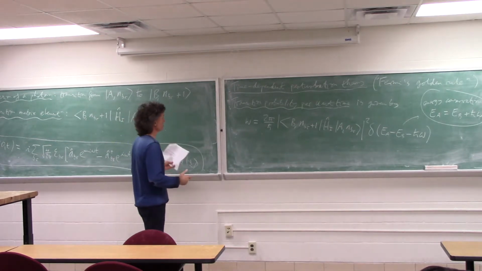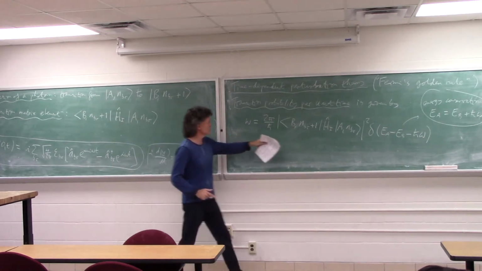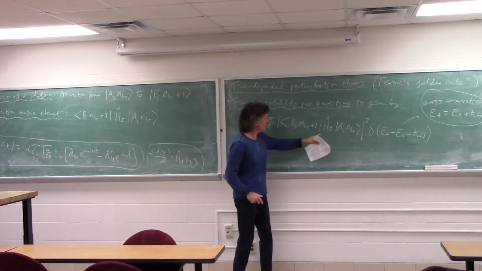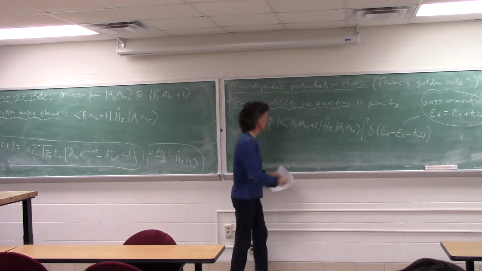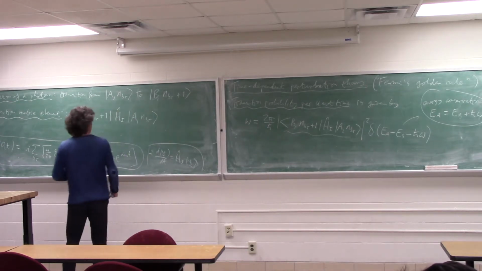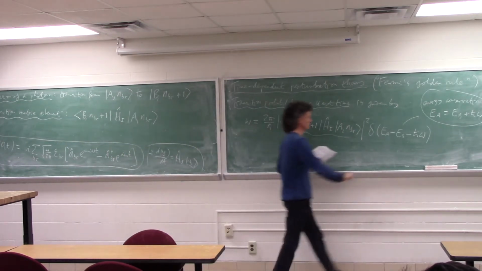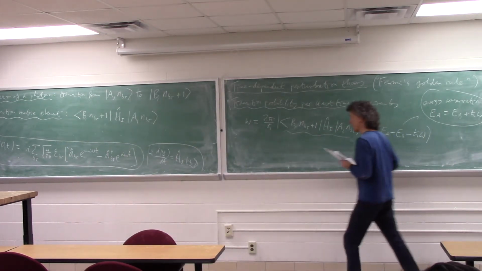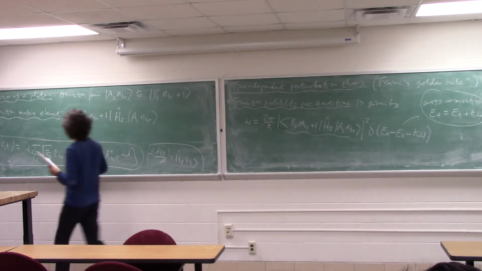So, to calculate the transition probability per second, we need to work out this matrix element between the initial and final states. How do we do that? Let's have a look.